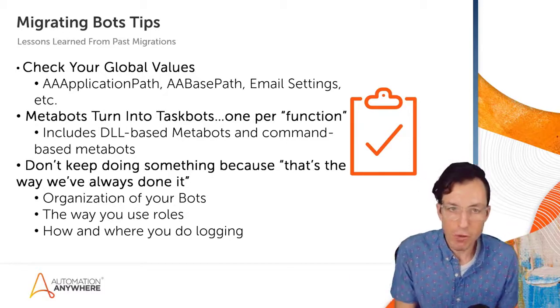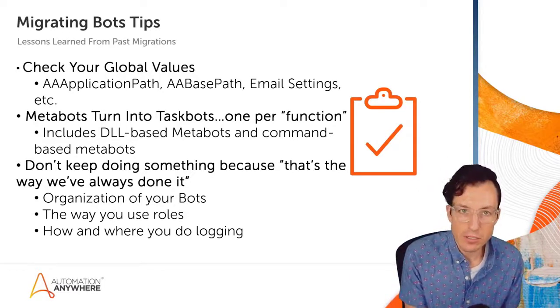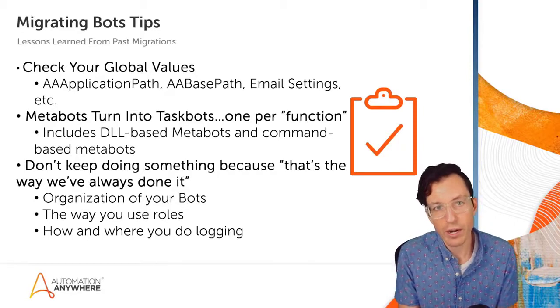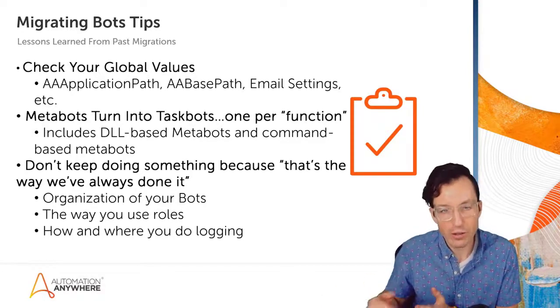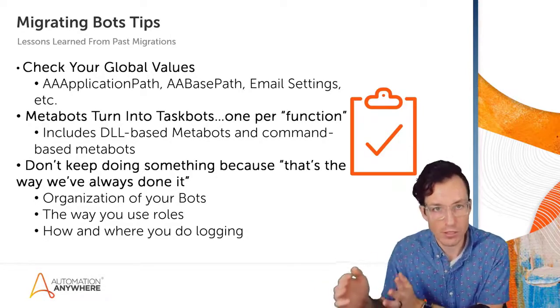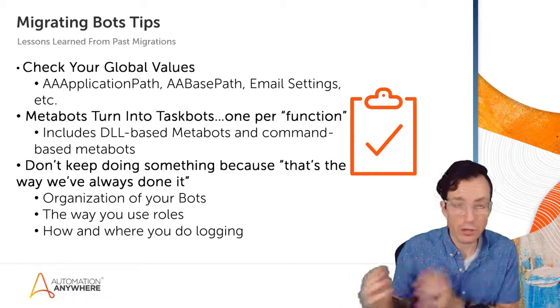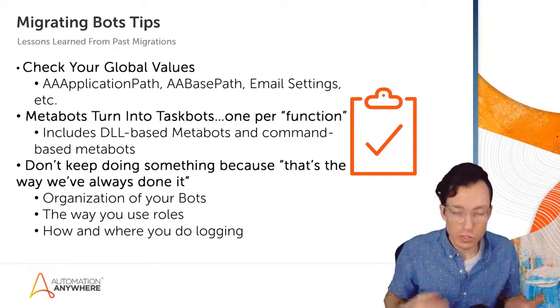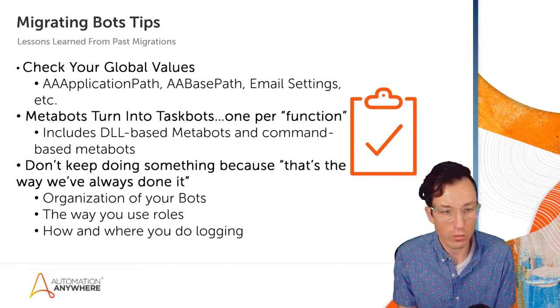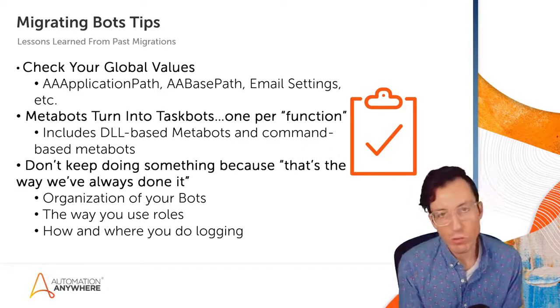So if you haven't done that yet, come up with a systematic way that you're able to store and expand on when you create and store bots in Automation 360. You're only going to do this migration once, so use it as an opportunity to fix some things along the way. That also goes for how and where you're doing logging.